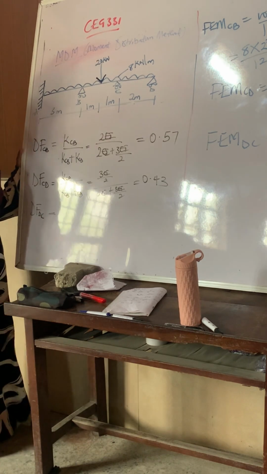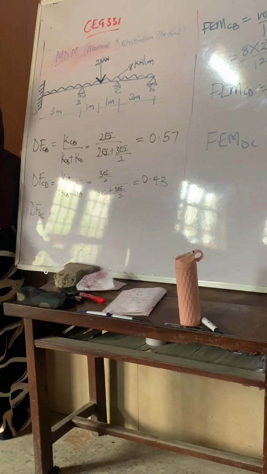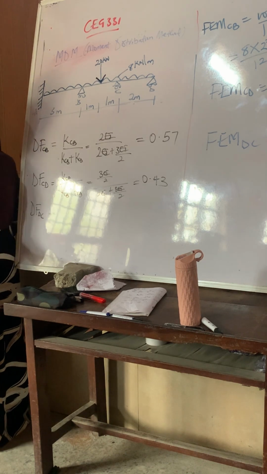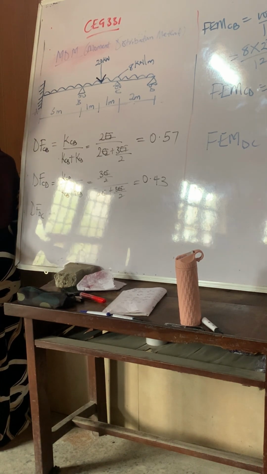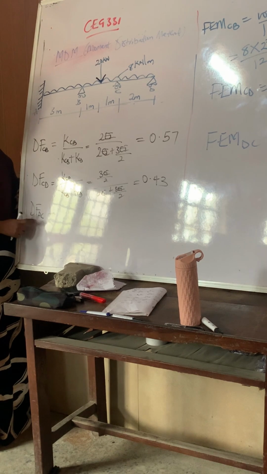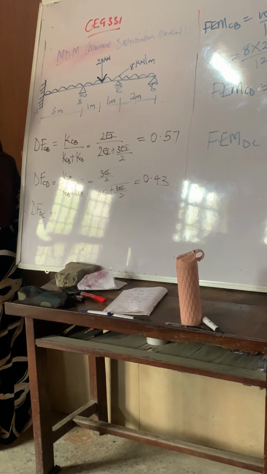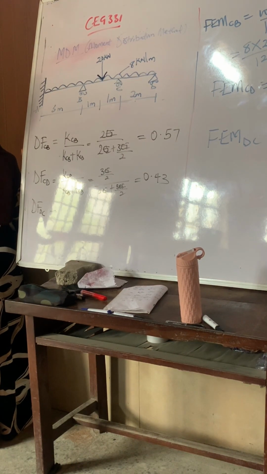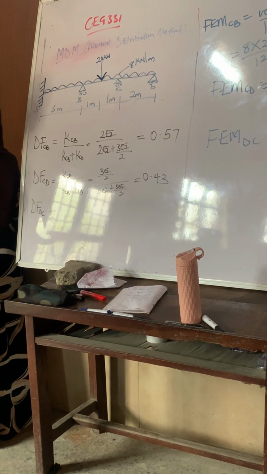So this one will be what? What is the formula for DC, DFDC?